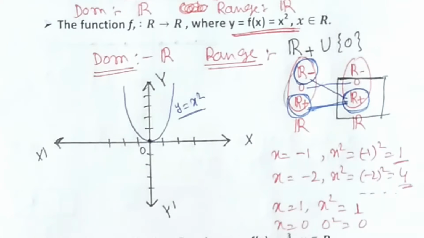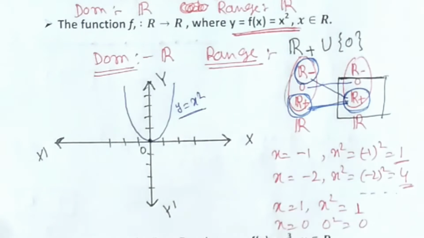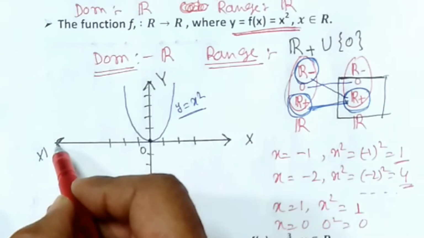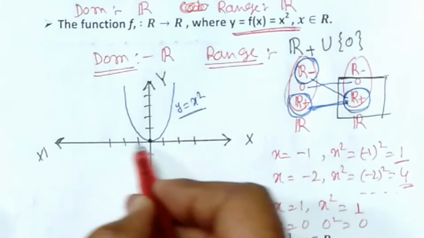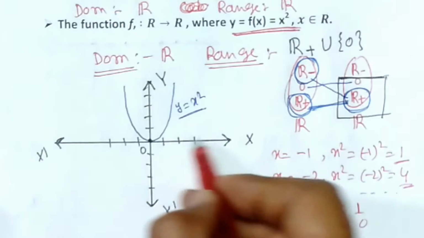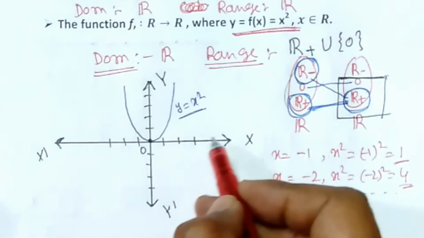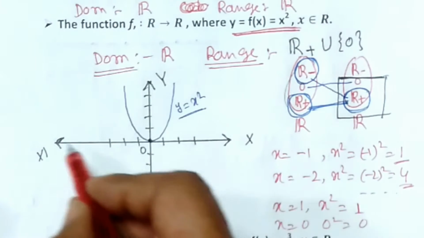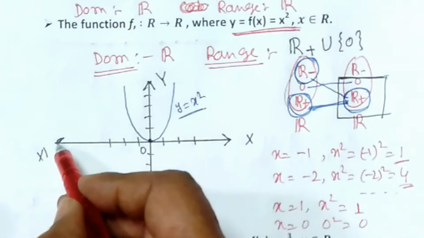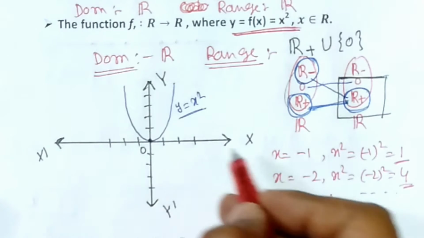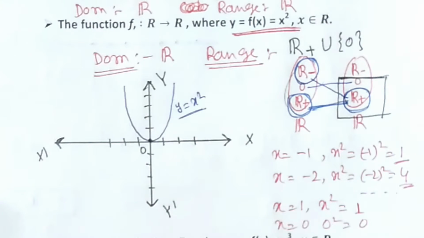Now by the graph we can easily find out the domain and range of a function. How? Look, for domain we will take the x-axis. All the points from the x-axis will give us the domain of a function. Since we know that on the real number line we can plot every real number, as well as for every real number there is a unique point on the number line.